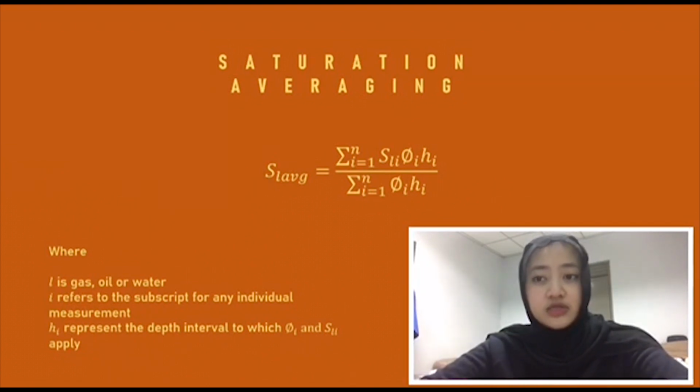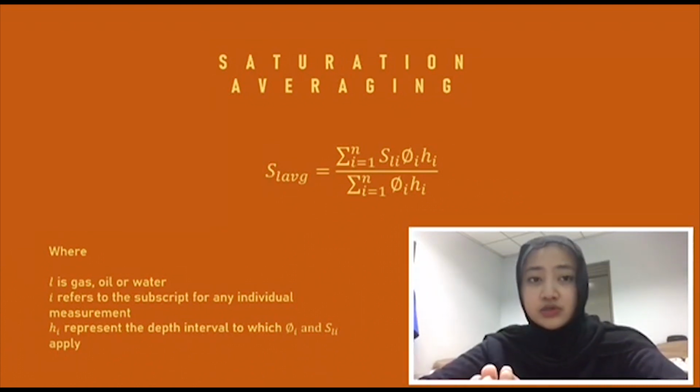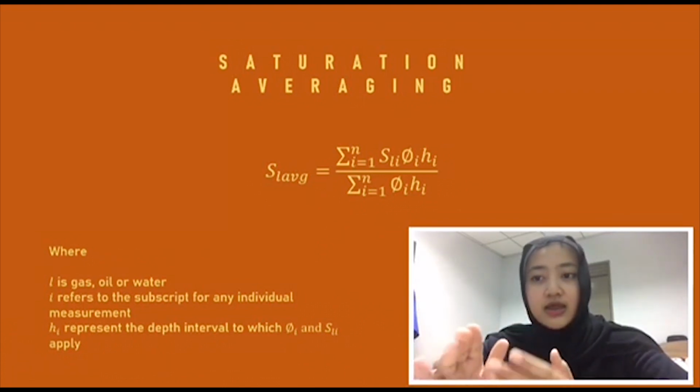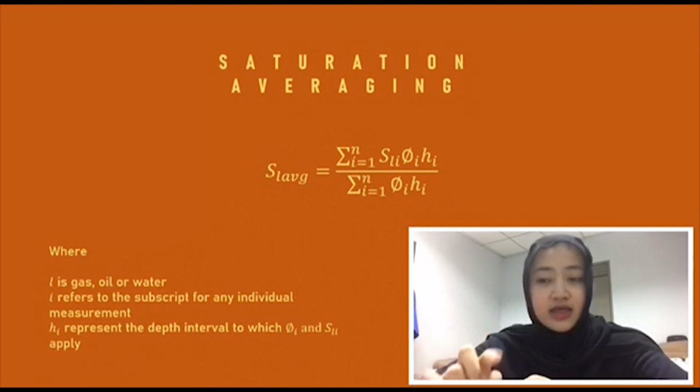The generalized equation as stated in the slide can be applied to gas, oil, and water, where the symbol L is for gas, oil, or water, and symbol i refers to the subscript for any individual measurement. For example, if you use L as gas, the measurement used for i is for gas also. And h_i represents the depth interval to which porosity and S_Li apply.